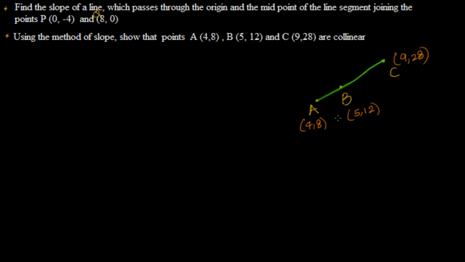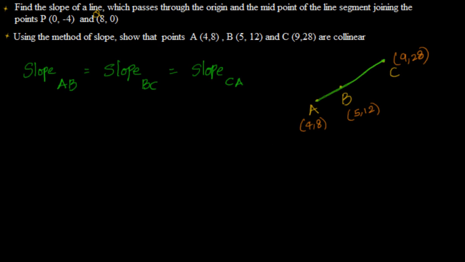Now how we will prove that A, B, C are collinear is, we will prove that slope of AB is equal to slope of BC equal to slope of CA. If we are able to prove that, then we know that whenever the slopes are equal, they are parallel lines or they are part of the same line. Since we are going for the full circle, AB, BC and again back to CA, we can see very clearly that they are all part of the same line.